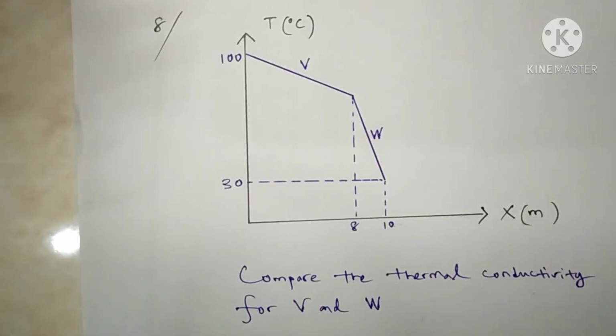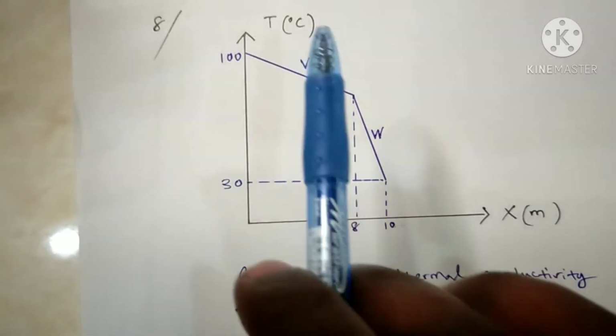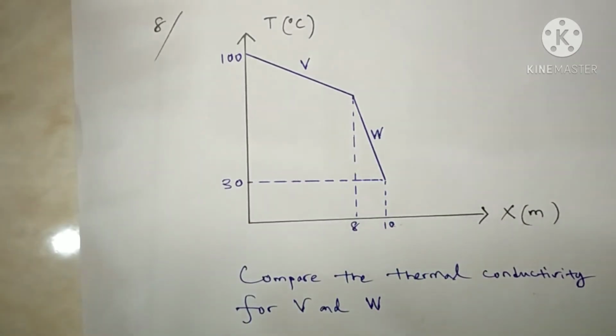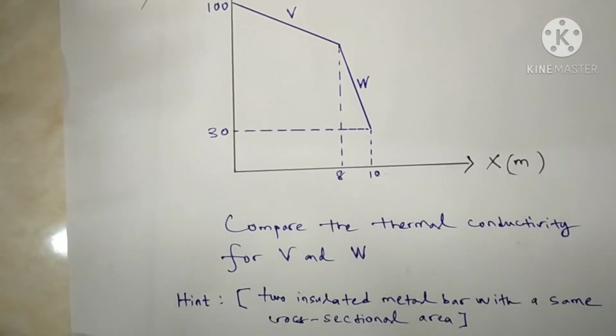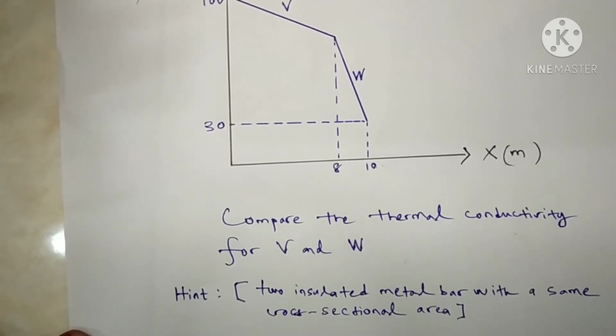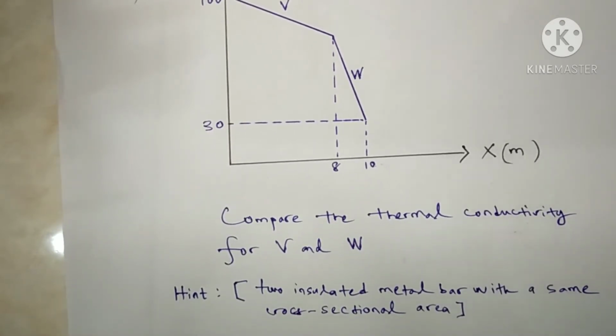The graph shows two well-insulated conductors, conductor V and conductor W. Compare the thermal conductivity for V and W. We are given two insulated metal bars with the same cross-sectional area.